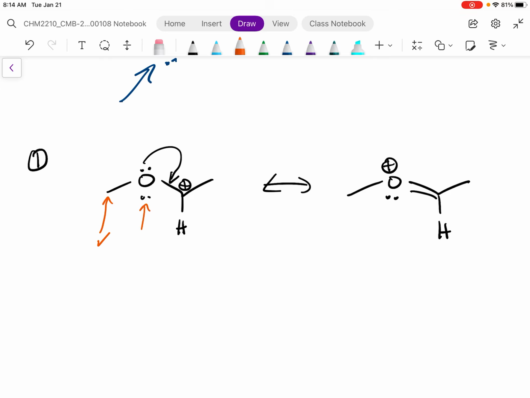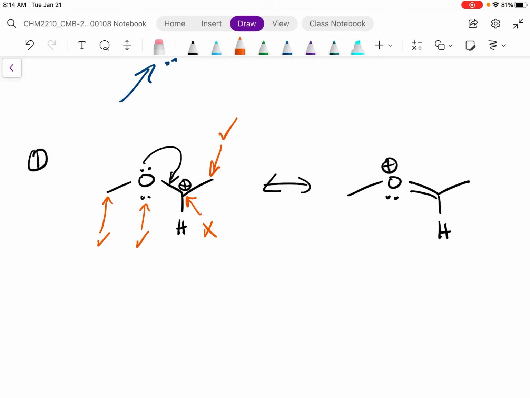Does the oxygen have an octet? Yes. Does this carbon have an octet? No. Because we see a carbocation. So that means it's missing 2 electrons. So it only has 6 electrons around that carbon. This carbon here has an octet. So we see 3 checks and 1 X.